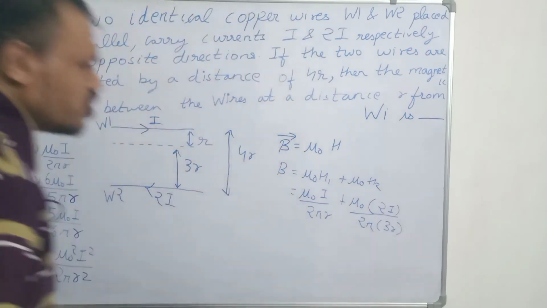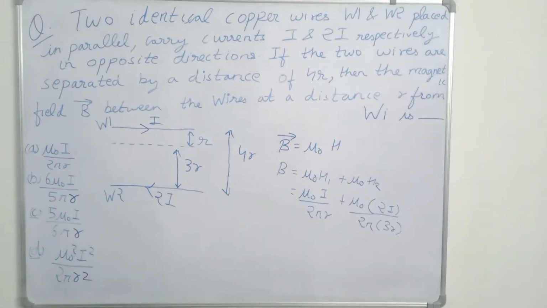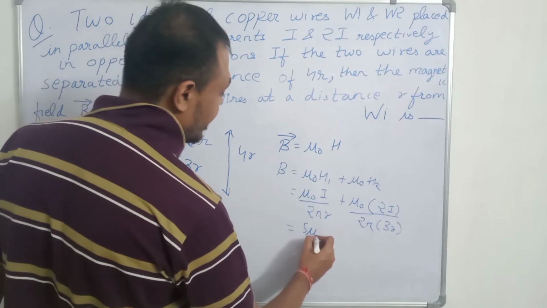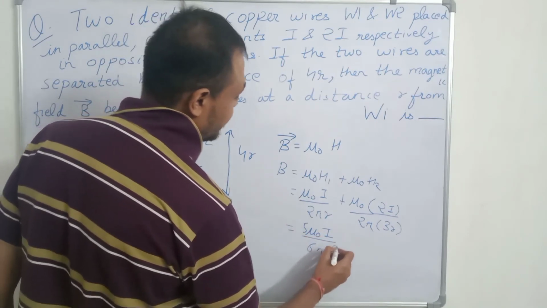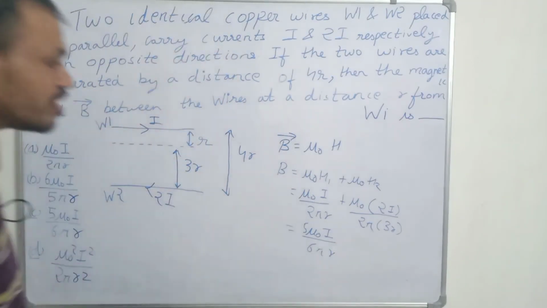If we take the LCM, then the answer will be 5 mu naught I upon 6 pi r. This will be the answer.